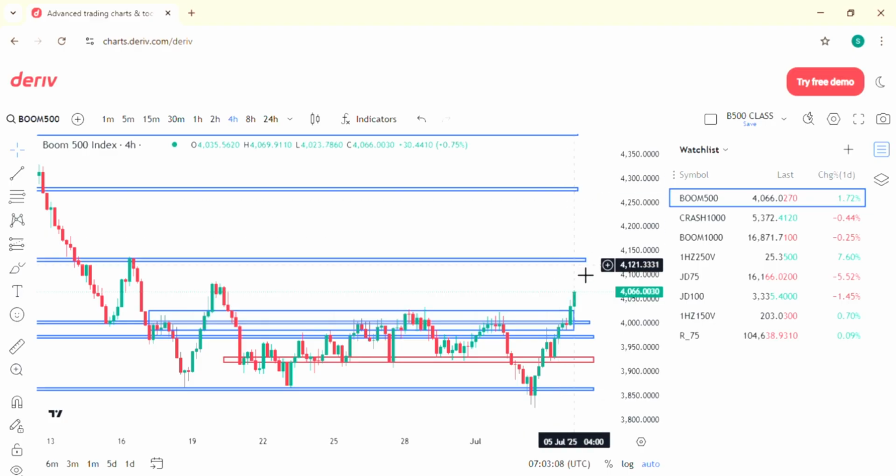The essence of this particular style of analysis is for you to watch the zones and know what happens when price gets to either the mid zone or the major key zones or major key levels.